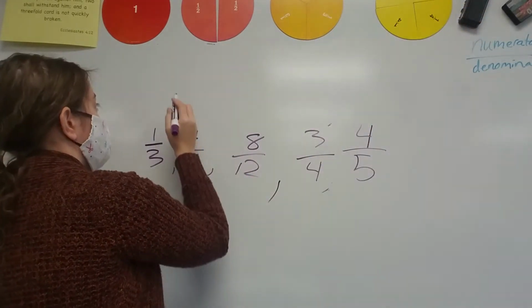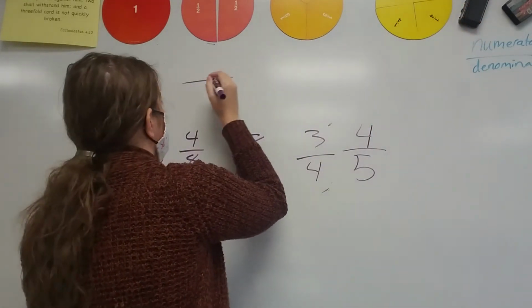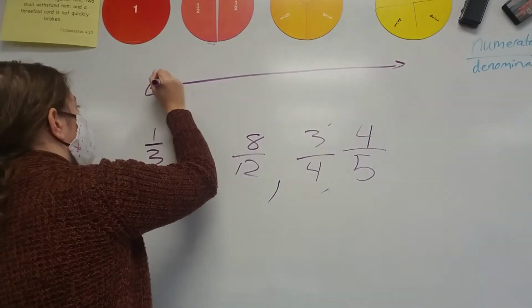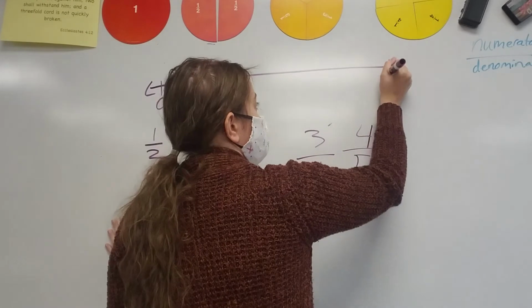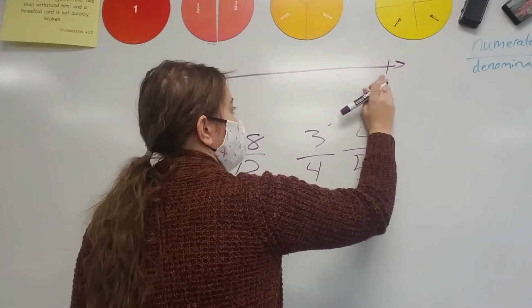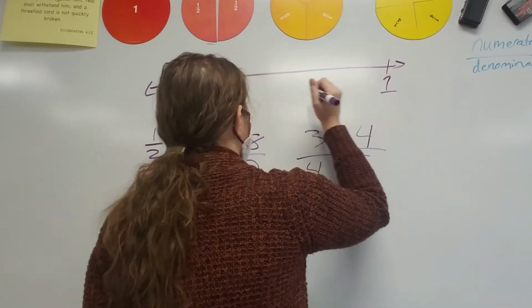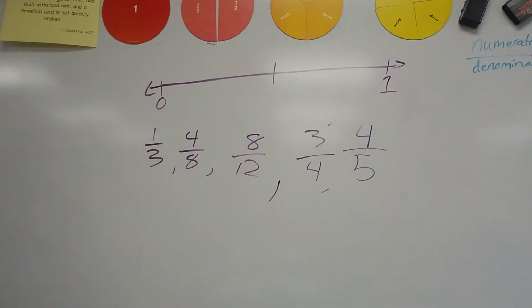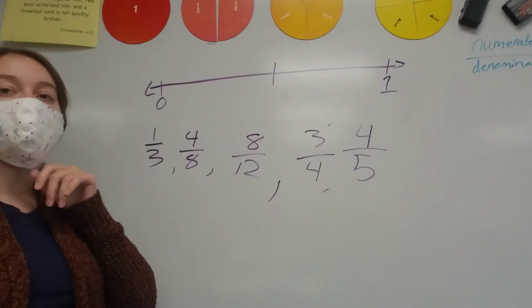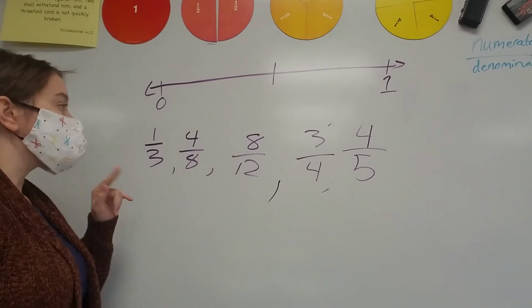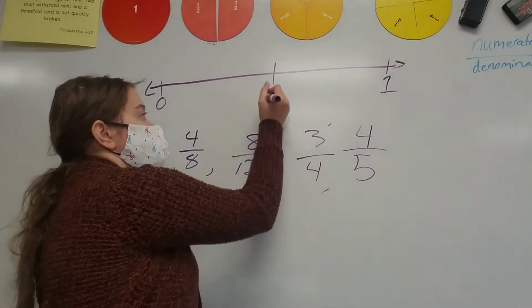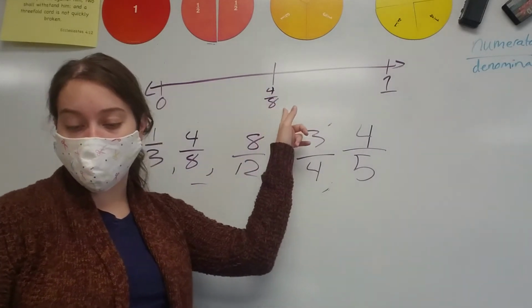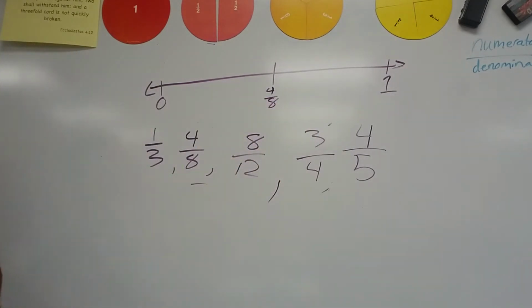Okay, so we have 0, 1, I just put a 0 as I said 1, and our halfway mark. So, we already said that one of these equaled a half. Which one equaled a half, Grace? We said it was 4/8. 4/8, right? So I'm going to put 4/8 on that halfway line that they gave me on number 4.